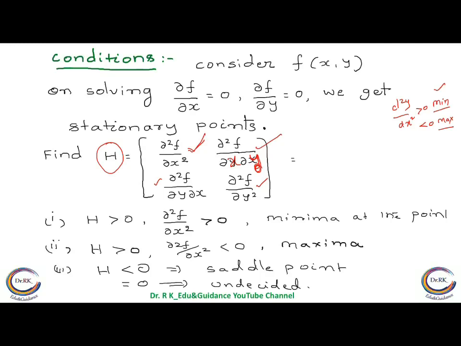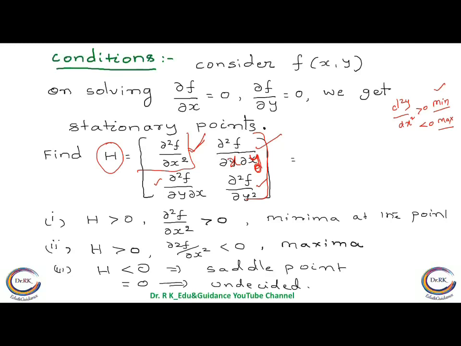Then one approach is that we'll take the principal determinants. Based on the principal determinants, we can comment whether it becomes maxima or minima. Principal determinants means this is the first principal determinant and this is the second principal determinant, as shown here.